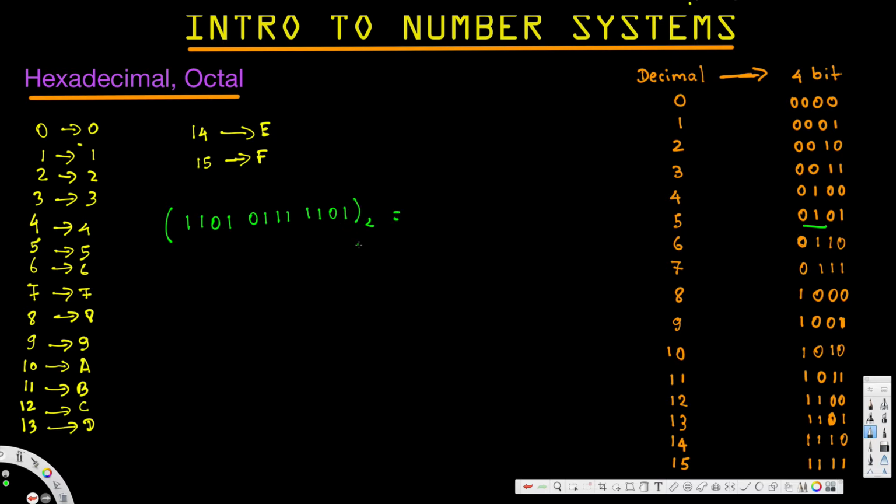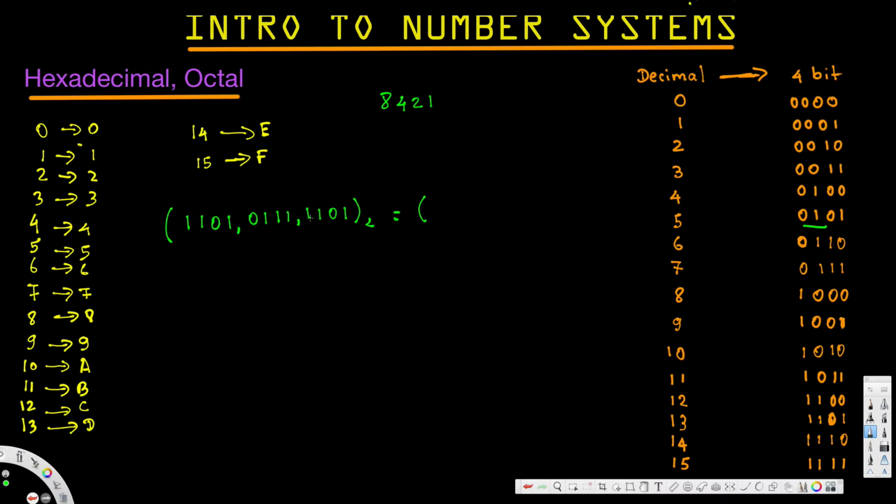Let's see how we can do this. Same approach, now we go backward. 8421. Previously we looked at where we should put 10, but here we divide this into 4. When we convert into hexadecimal, we divide everything into groups of 4 numbers, and we look at the position.